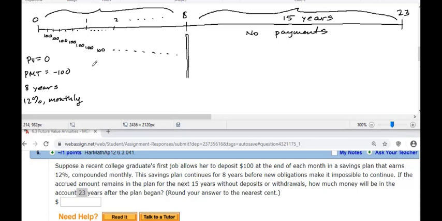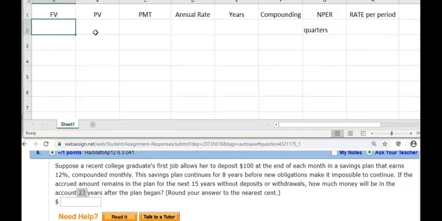So I'll take this first part of the problem and I'm going to figure out the future value that will be on the day that the last $100 comes in, which is the end of the 8th year. Future value, I'm trying to figure out. Present value 0, no original seed money, $100 leaving my pocket, annual rate of 12% for the first 8 years, compounded monthly, so that will be 12.